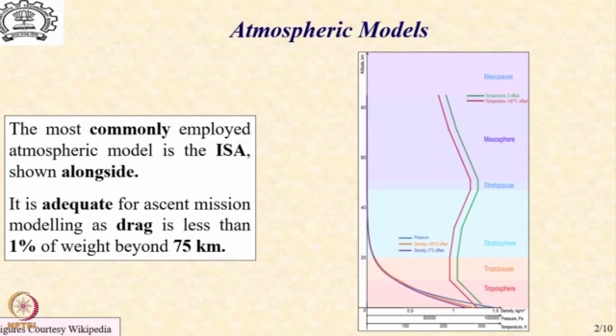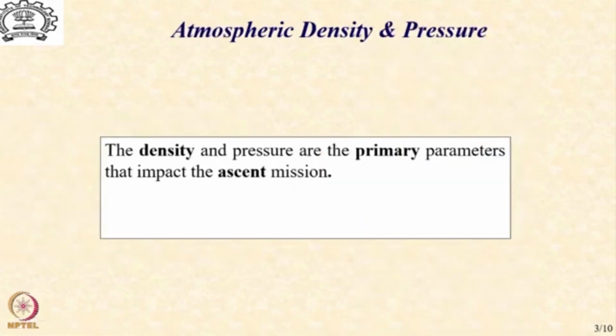So in the context of drag, it is found that beyond 75 kilometers, drag is generally less than 1% of the weight and obviously can be ignored, the motion being practically in vacuum as far as the ascent mission is concerned.